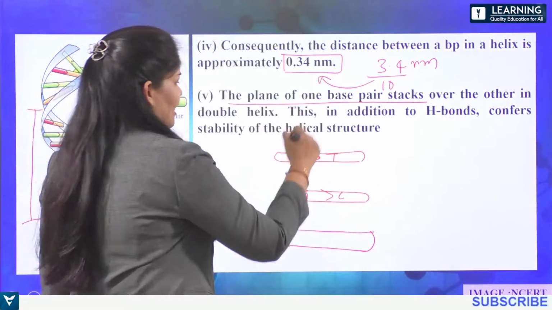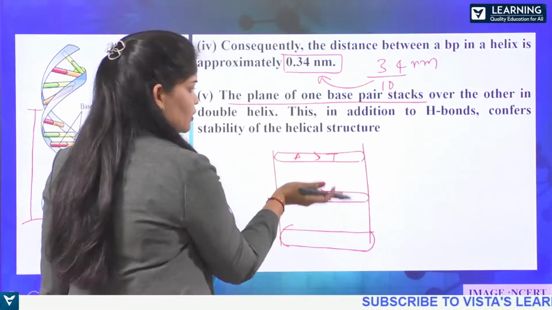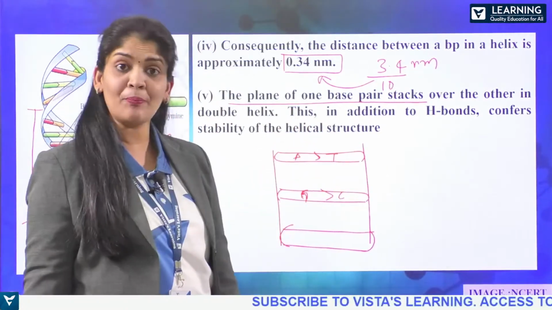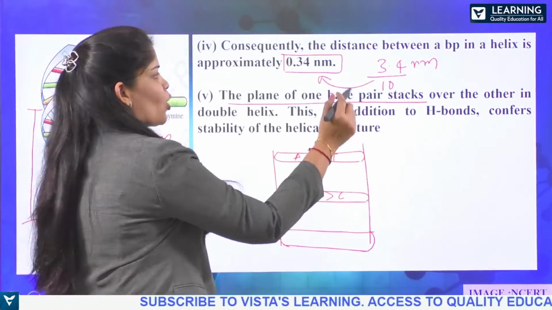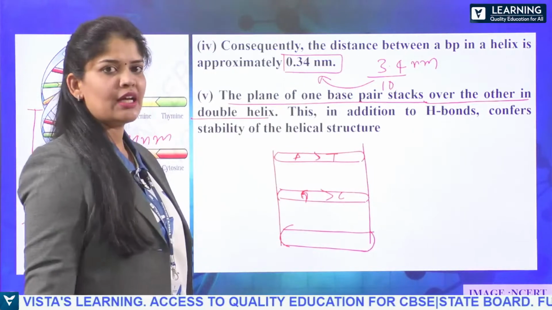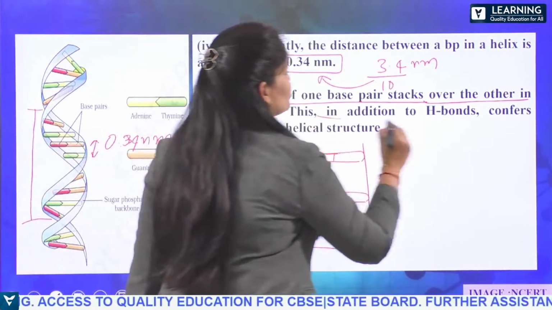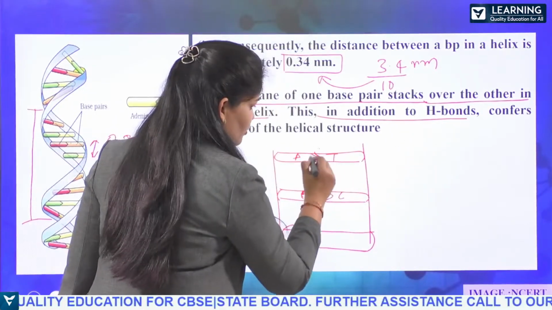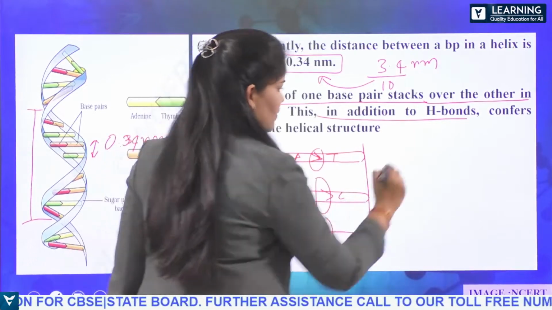So the plane of it, these are the stacks, one above the other, we find the presence of base pairs, base pairs over the other in the double helix. This is in addition to the hydrogen bonds. In between we have hydrogen bonds.